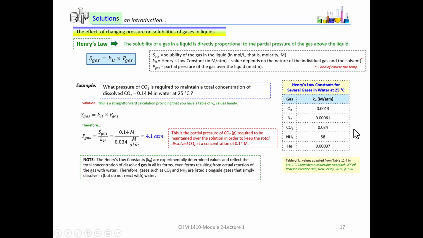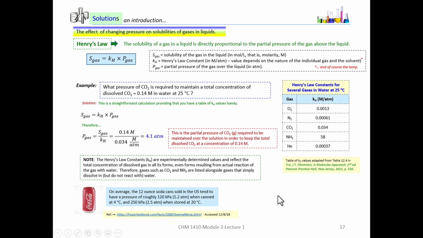None of those gases actually reacted with water, so CO2 wasn't on that graph. In our table of Henry's law constants, CO2, which reacts with water, is included, along with ammonia that reacts with water. But the Henry's law constant gives us a feel for the total dissolved gas in the water in all its forms, even in forms that have been created by the reaction of the gas with water.